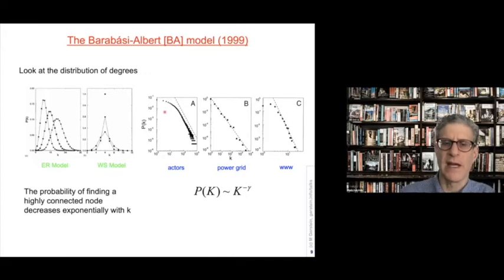And if you plot it on a log scale here, that fall off is a straight line. People often use the term power law model. And so the degree distribution falls off with the degree to the minus gamma power.